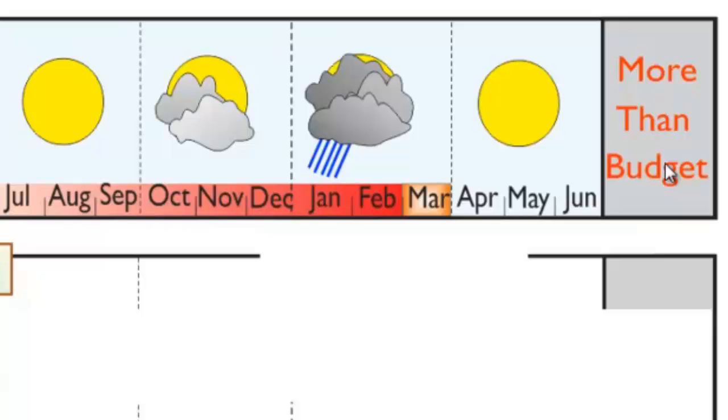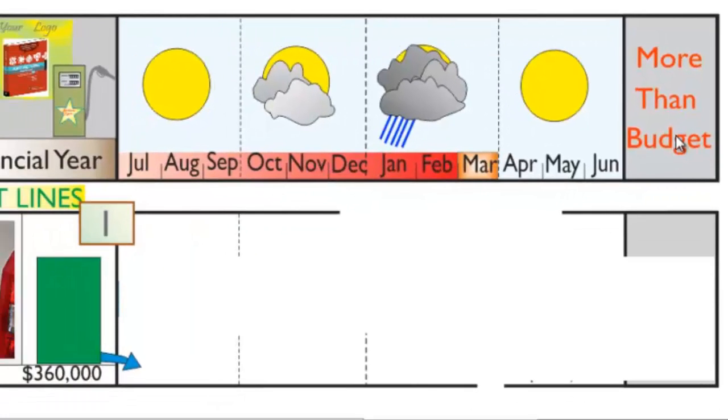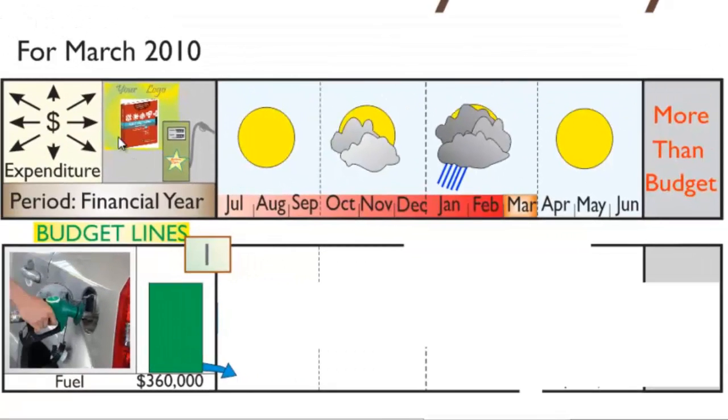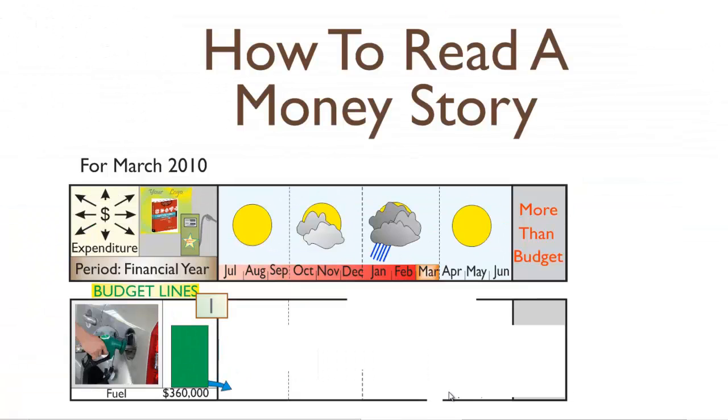Now we go on to the 4 key parameters of budget accounting. Obviously the 5th is the time frame. So the first one is your budget, your full year budget. So we put an individual picture in the money story line, and this happens to be fuel.